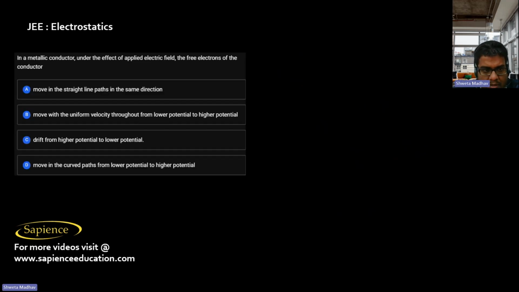And here it is told, in a metallic conductor, under the effect of an applied electric field, the free electrons of the conductor. So if some electric field is applied, what will happen?